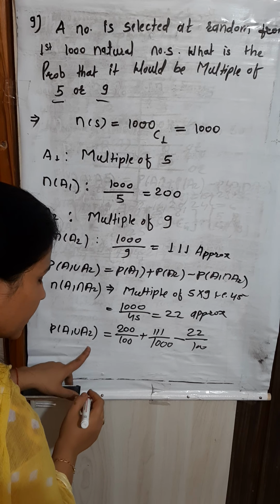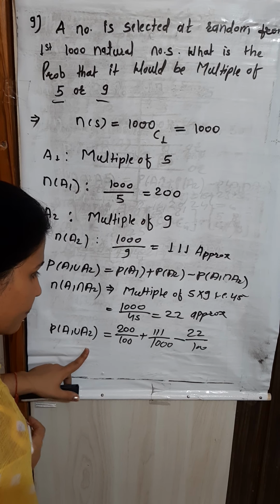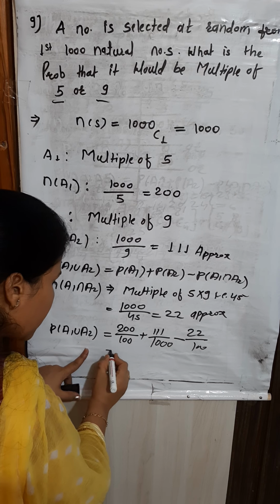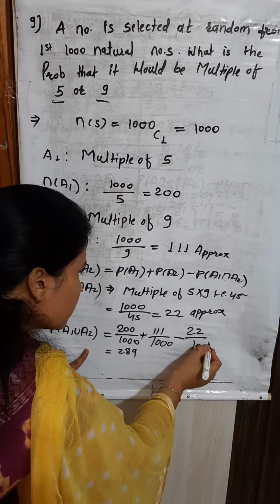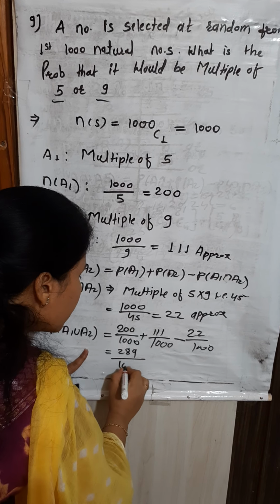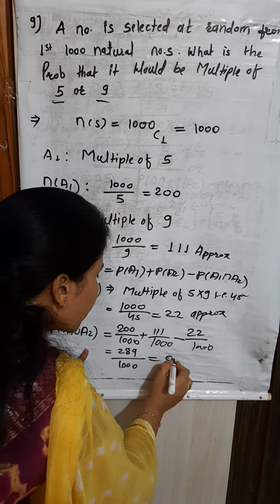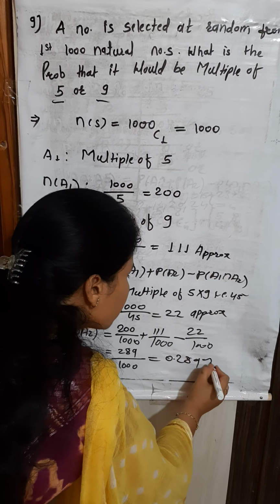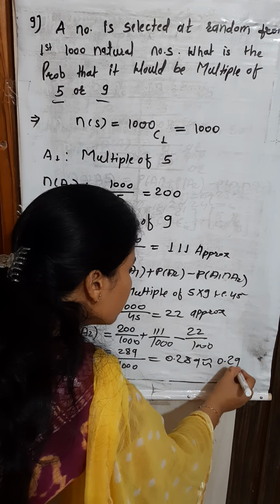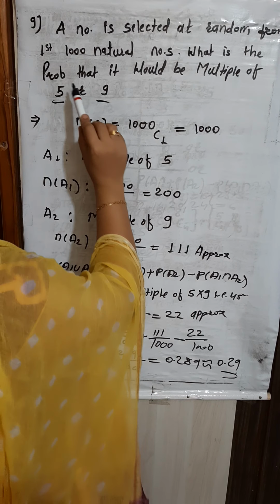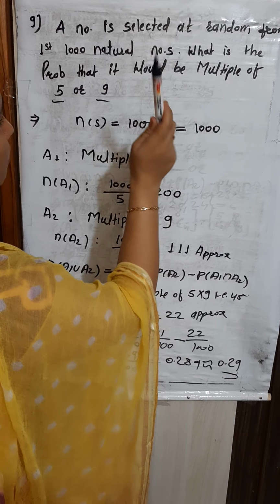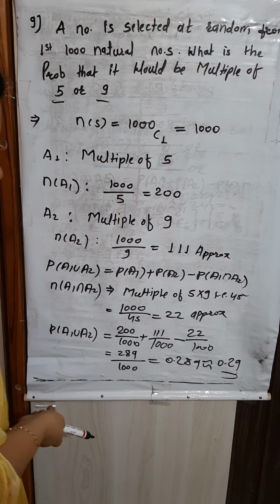So 311 minus 22 is 289, divided by 1000, which is 0.289, approximately equal to 0.29. This is the probability that the number would be a multiple of 5 or 9.